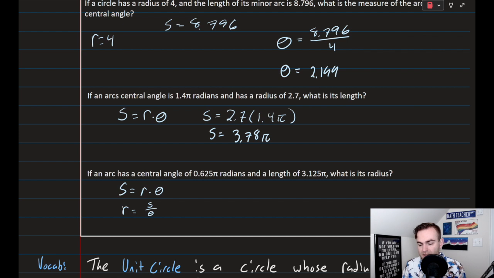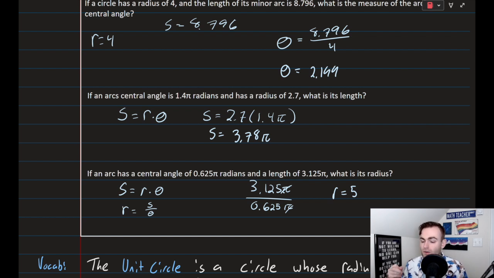So the arc length was 3.125 pi, and the central angle was 0.625 pi. If we divide those two things, we should find the radius, and the cool thing is even if you're using a calculator, the pi's cancel. So nice. 3.125 divided by 0.625 is 5. So the radius is 5.